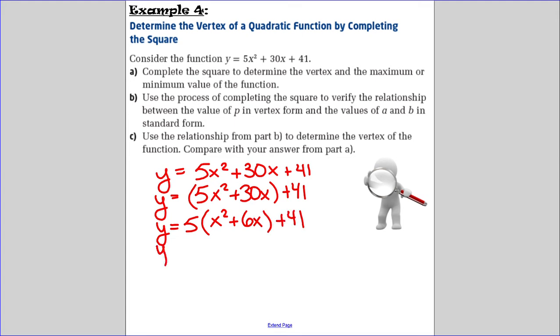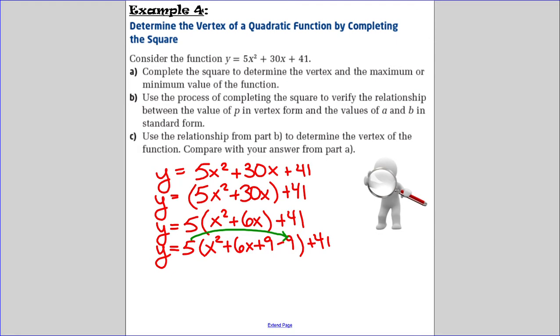Then I'm going to do that completing the square step. I take half of my b value, which is 3. 3 squared is 9. And then I have to remember to add and subtract it there. And then here comes that term where this value multiplies into here.